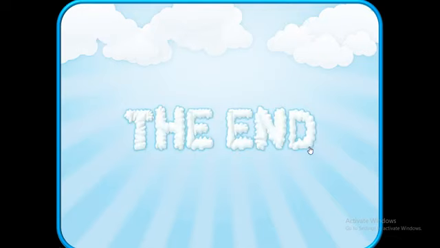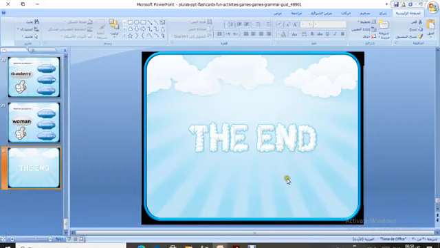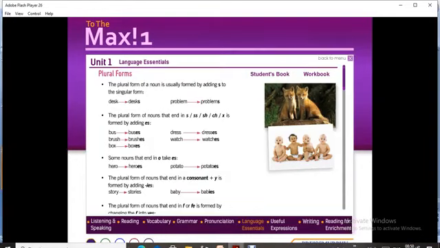Now, let me go to your student's book, page 11, and revise the rules with you. Language essentials, plural forms. Number one: the plural form of a noun is usually formed by adding S, like desk, desks; problem, problems.